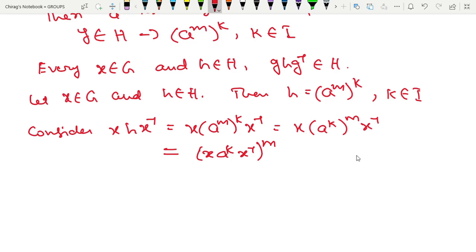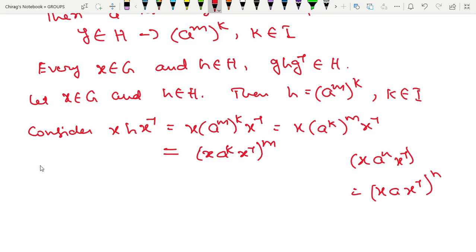We have already proved that x a^n x inverse is equal to (x a x inverse)^n. So here we can take m outside, so x (a^k)^m x inverse can be expressed as (x a^k x inverse)^m. Okay.